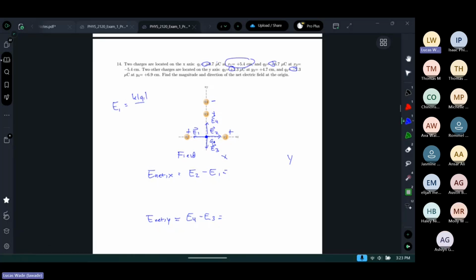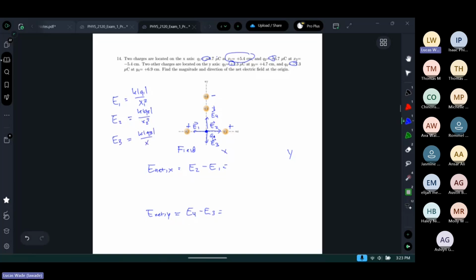They called it X1, so I could write X1 squared for that. And then two squared, E3, Y3, Y4 squared.